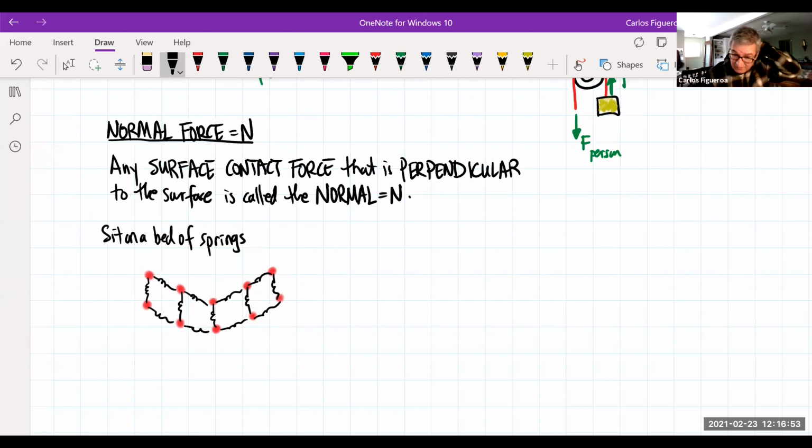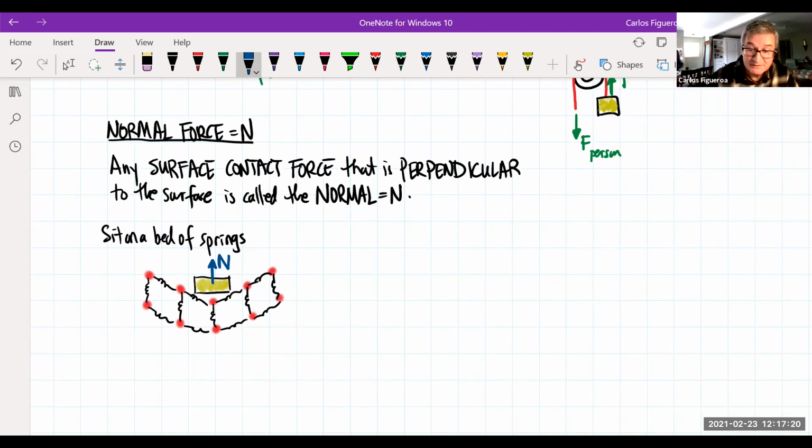And if I put a block on this, here's the block. If I have a surface like this, it is pushing up in the up direction.